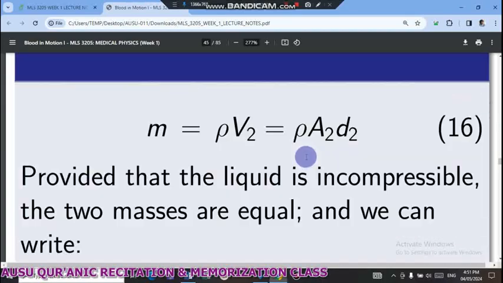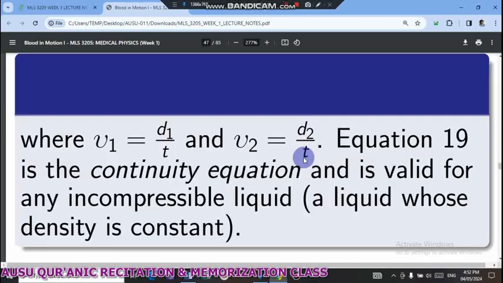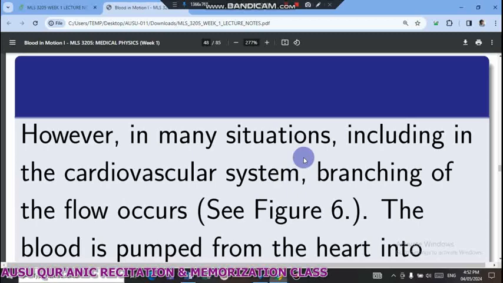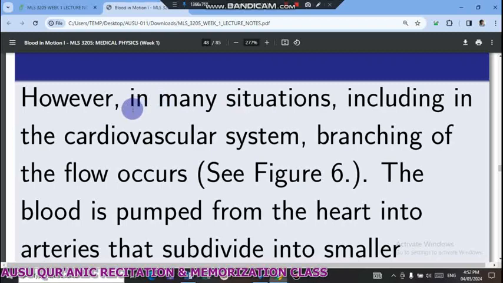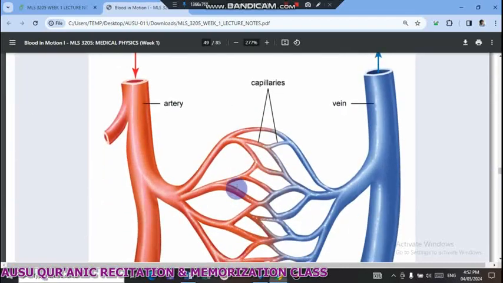What do we do? They say in the cardiovascular system, definitely, because we know in the body we have so many branching of the arteries, branching of the veins. So this is why they say, however, in many situations, including the cardiovascular system, branching of the flow occurs. See figure 6. Where is figure 6? Clearly, can you see?